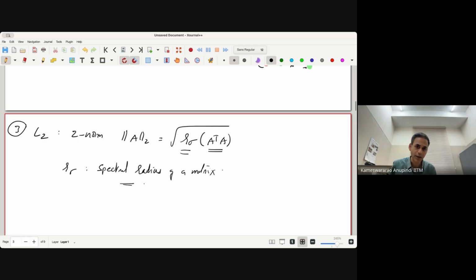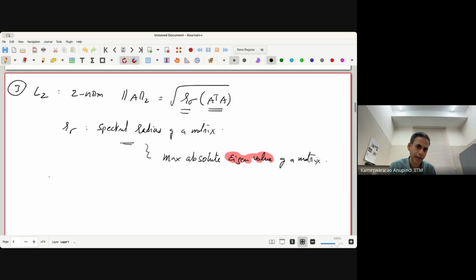Okay, so spectral radius of a matrix means the maximum absolute eigenvalue of a matrix. I hope all of you are familiar with the concept of eigenvalue. Given a matrix, how do we go about calculating eigenvalues?